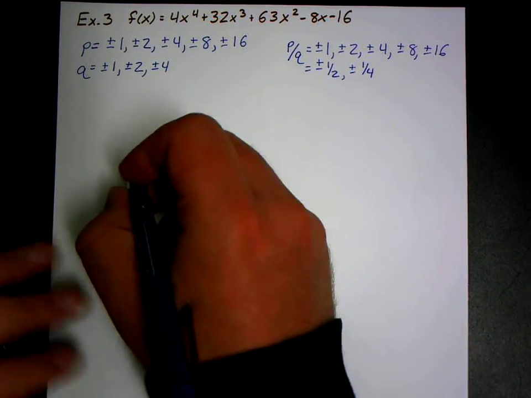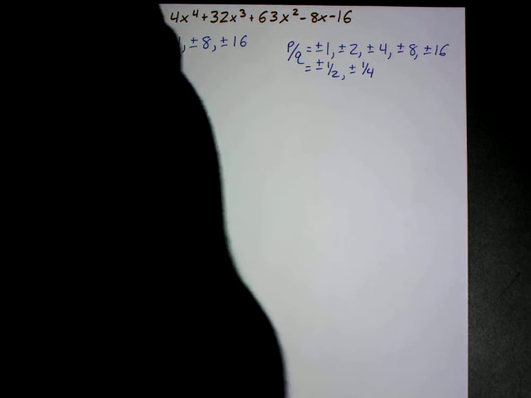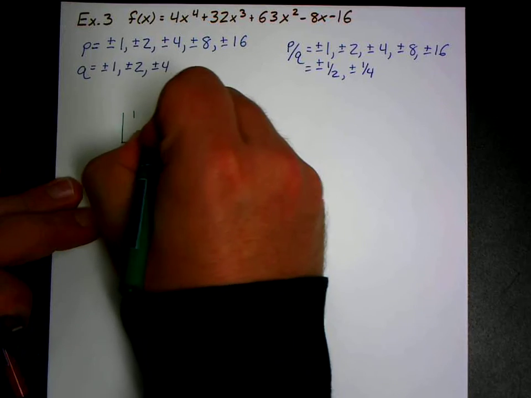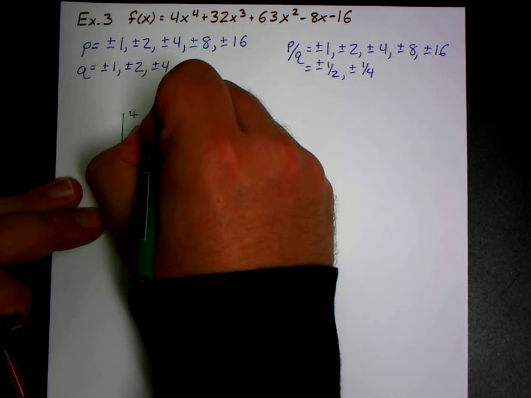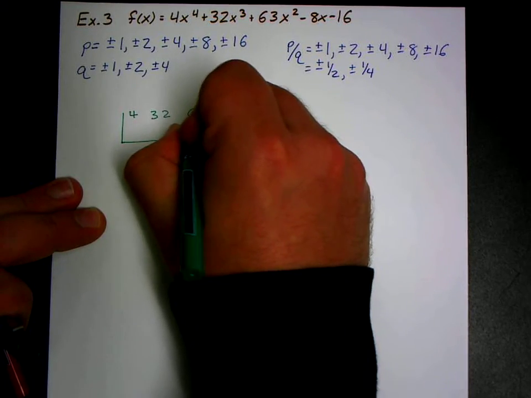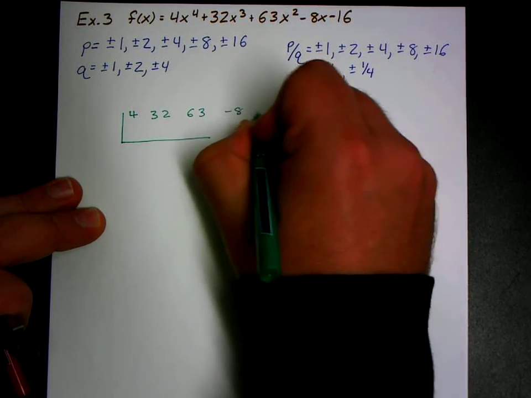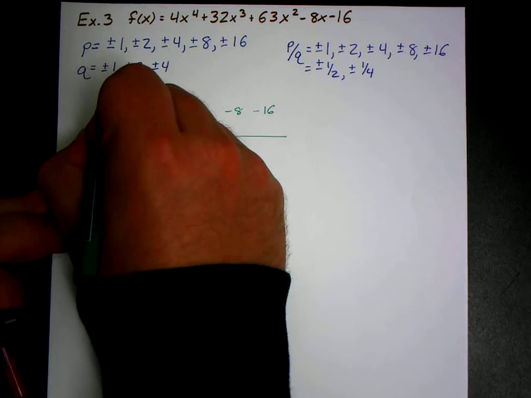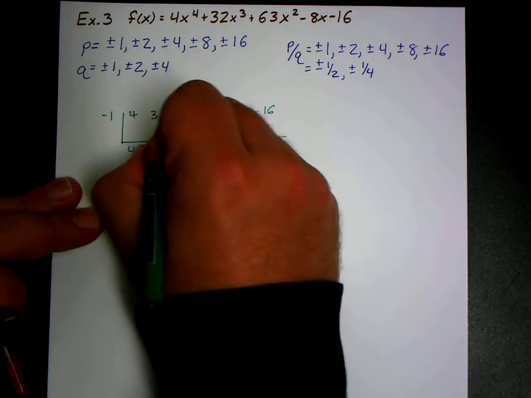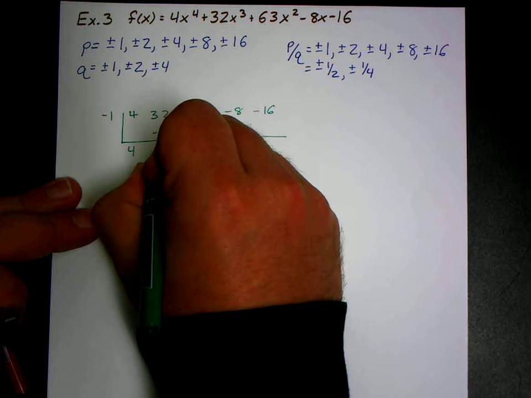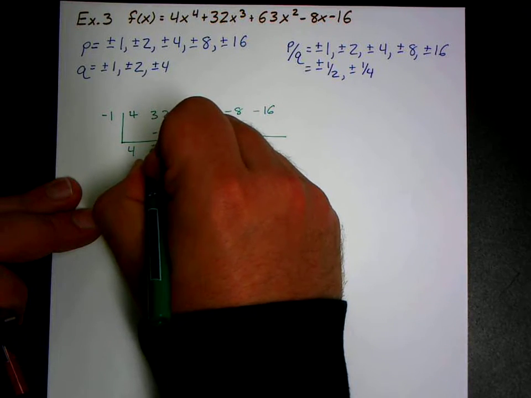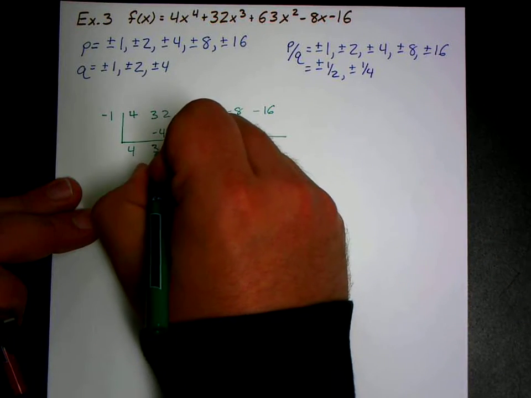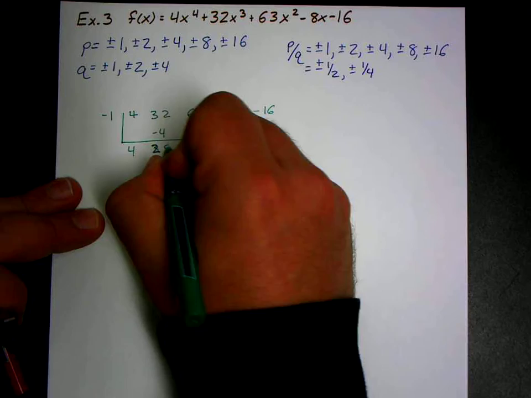All right, now we have to test them. Let's choose one that doesn't work just to make sure you guys are okay with what happens whenever it does not work. -1. If I try -1, I say a lot of these aren't going to work. Let's see, that's 28.